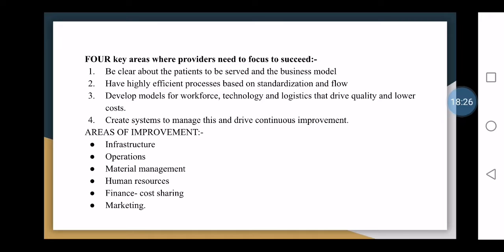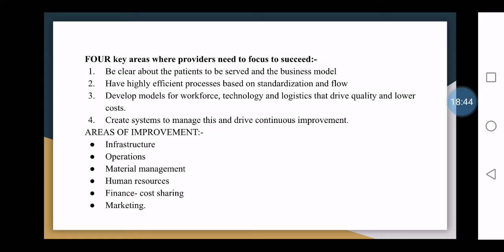So the areas of improvement where we need this are infrastructure, various operations, the financial operations, as well as the hospital operations, the management level operations I am telling about.